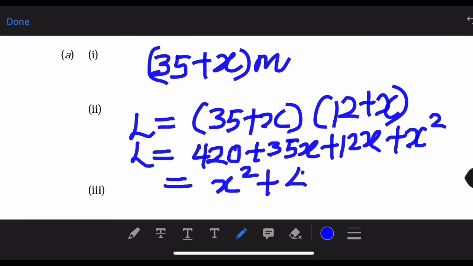So you can actually write down the answer using a sentence to support your working.